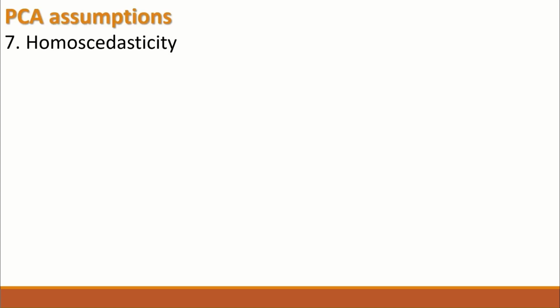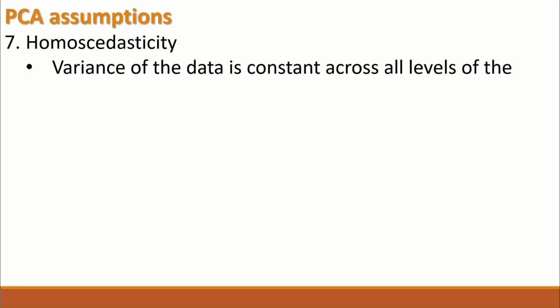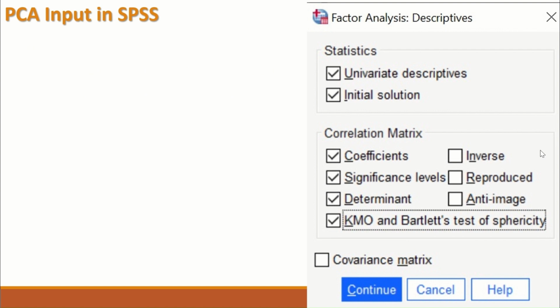And finally, there should be homoscedasticity, in which the variance of the data is constant across all levels of the independent variables. In this slide, a print screen from the SPSS software has been inserted.